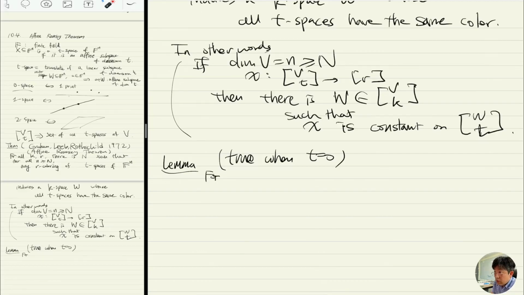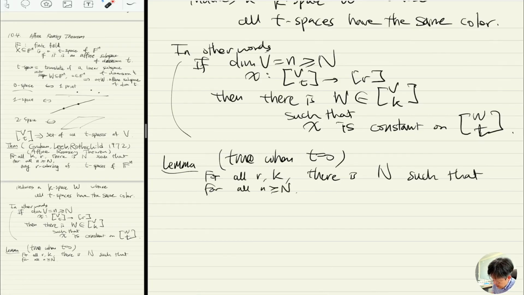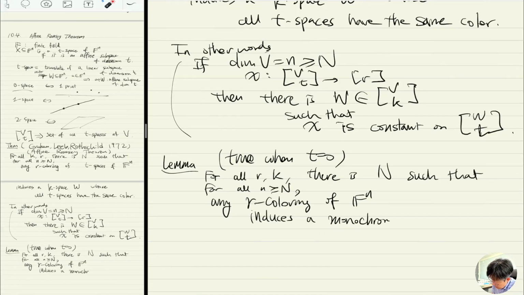So for all r and k, there is N such that for all n bigger than N, any r-coloring of F^n induces a monochromatic k-space.